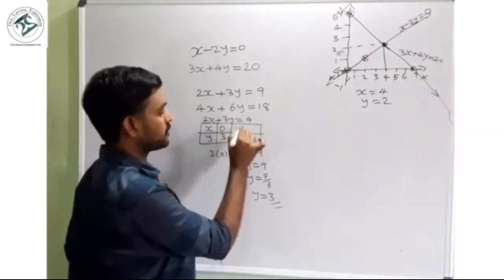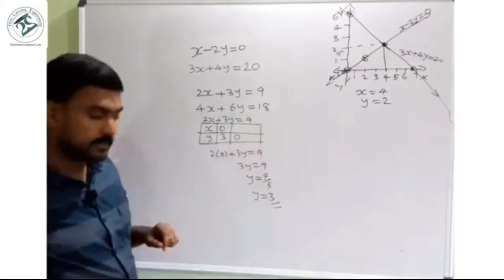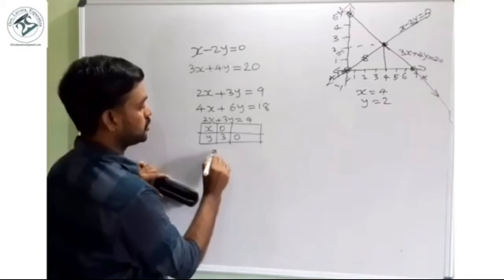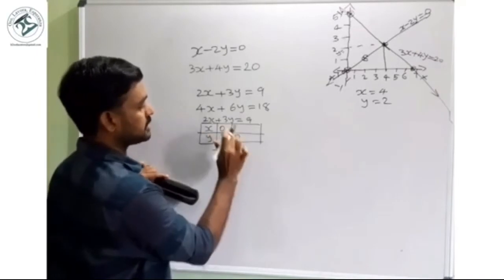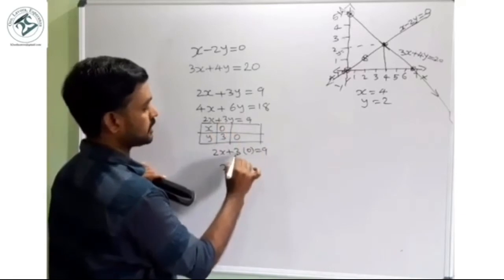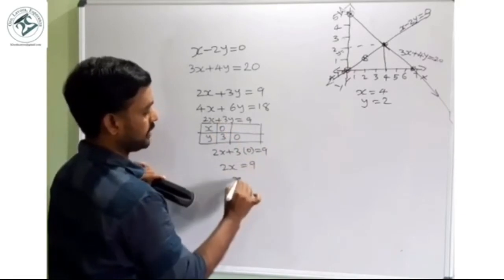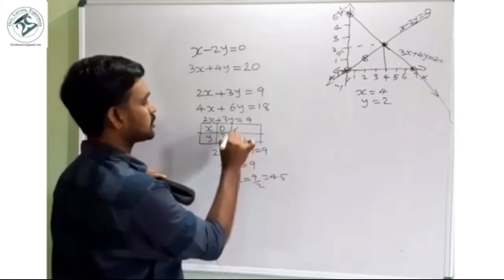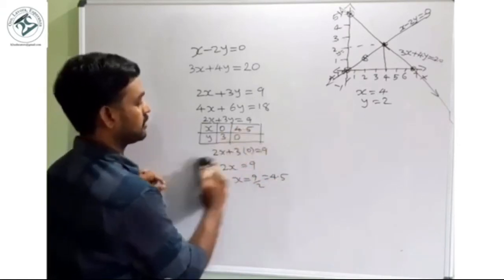So what will be the x value? That we can check. 2x plus 3y, y is equal to 0 means 2x plus 3 into 0, which is 0, is equal to 9. x is equal to 9 by 2, which is equal to 4.5. So here it is 4.5.